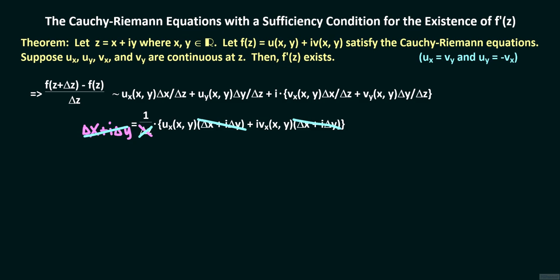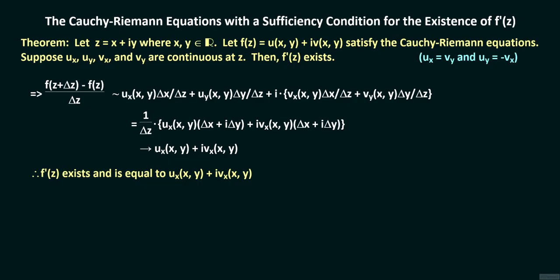Therefore, the difference quotient tends to the limit u sub x plus i times v sub x. Therefore, f prime of z exists and is equal to u sub x plus i times v sub x, or applying the Cauchy Riemann equations, v sub y minus i times u sub y.